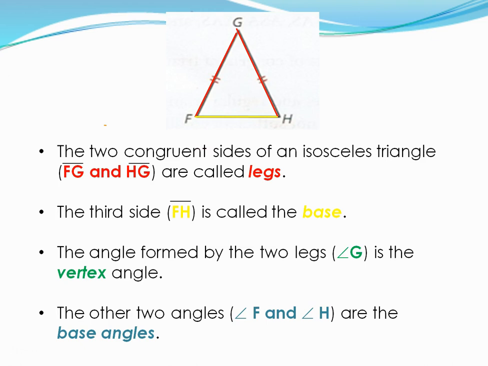The angle that's formed by the two legs, which is angle G, is the vertex angle, and the other two angles, angle F and angle H, are the base angles. Be sure you have a picture of this triangle in your notes with the congruency marks and with each angle named.